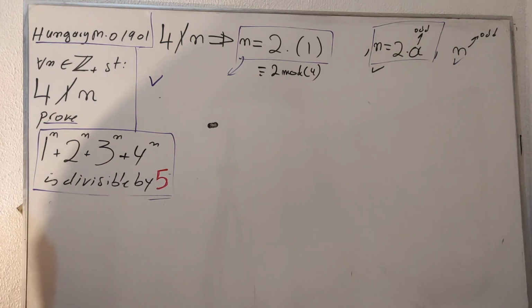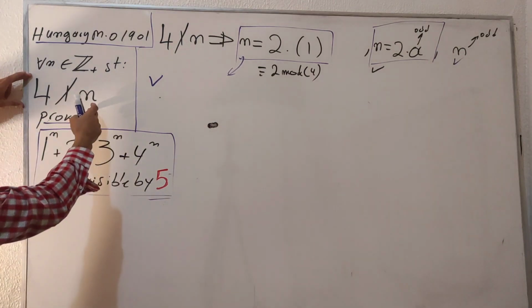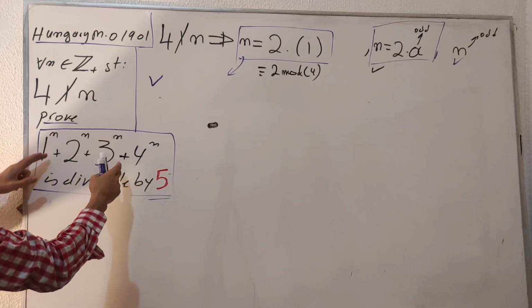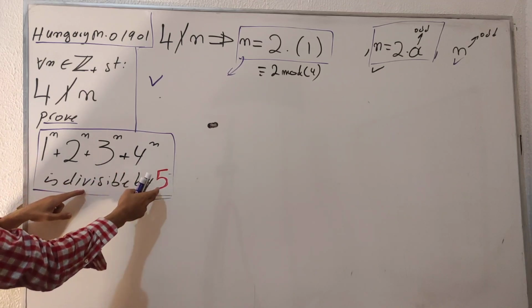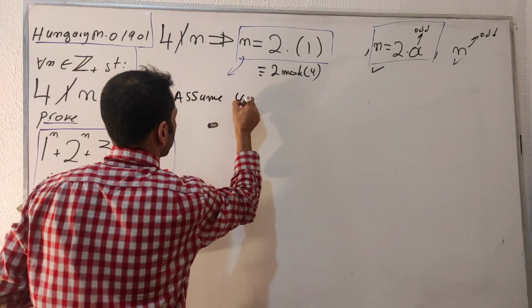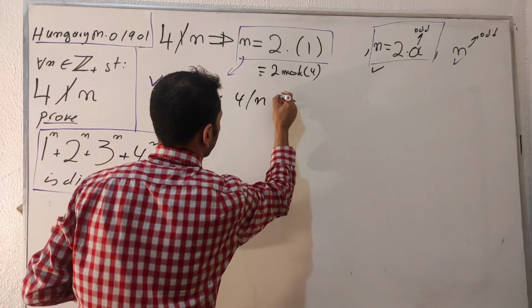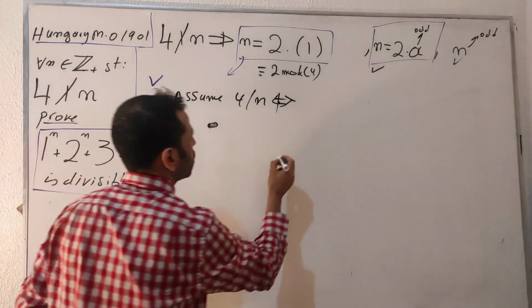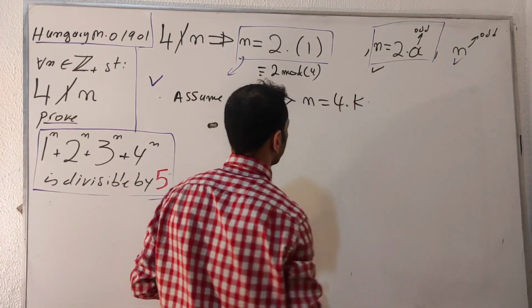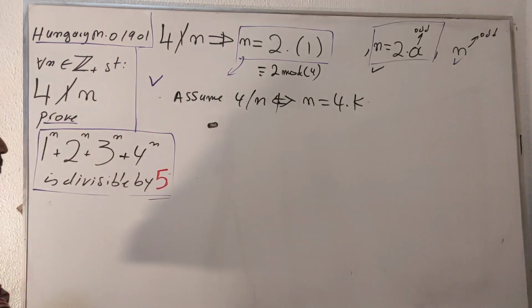For verification purposes, I'm just going to consider n is a multiple of 4. We will see at the end that this one cannot be divisible by number 5, okay? Let's assume 4 divides n, according to the divisibility statement. So we will have n equals 4 multiplied by k, which means n is a multiple of 4, okay?